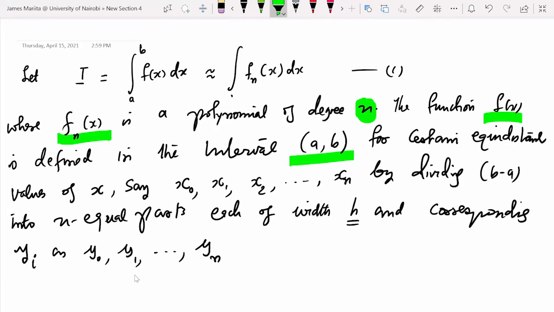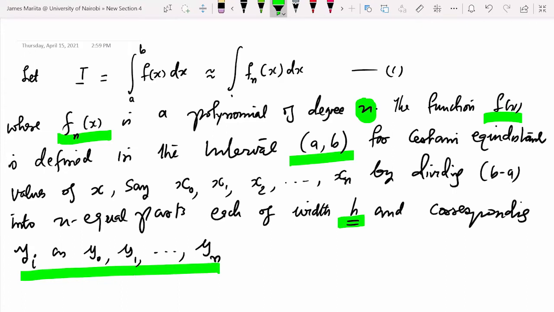Then for some equidistant values of x, x0, x1 up to xn, where b minus a is divided into n equal parts, each of width h units, we have an equidistant distribution of the ordinates, and the corresponding y's, y0, y1, up to yn.